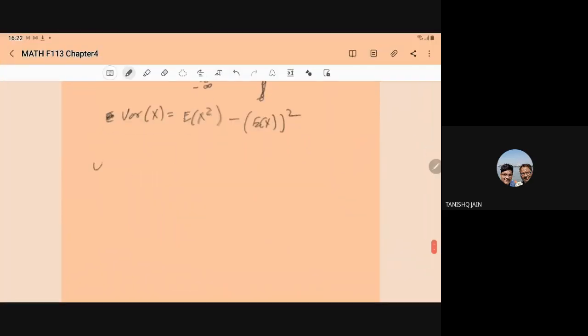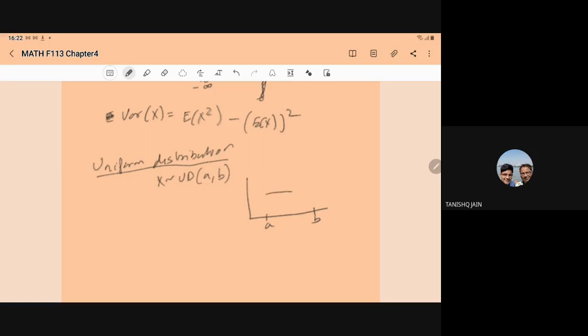Here we have started the uniform distribution. As the name suggests, here we have uniformity. When we say X follows uniform distribution with parameters a, b, let's say this is a and this is b.